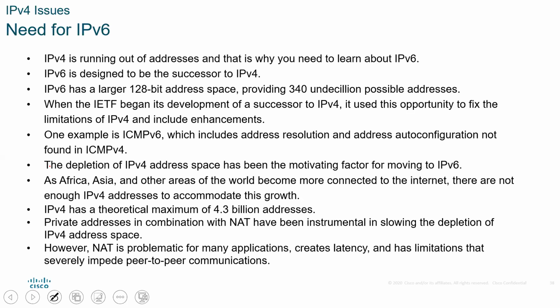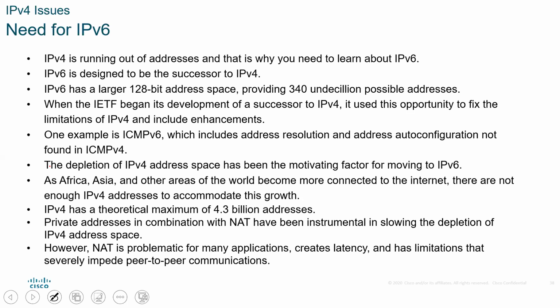Remember, in IP version 4, we said it's a 32-bit binary. But in IP version 6, it is a 128-bit address space, providing a total of 340 undecillion possible public addresses. When you say undecillion, it's another thing entirely on its own.